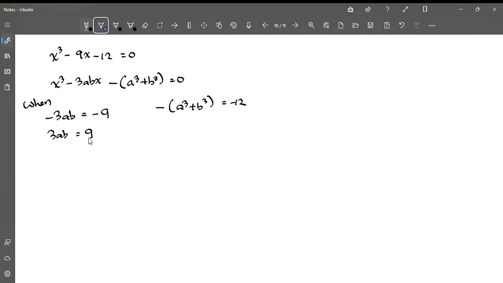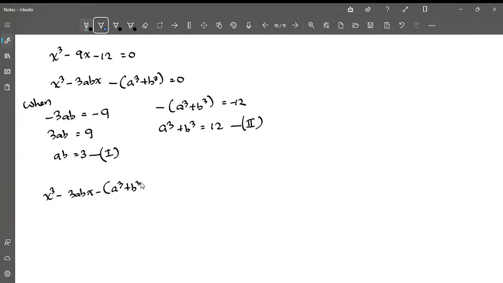3ab equals 9, so ab equals 3. a cubed plus b cubed equals 12. This is equation 1, this is equation 2. When this is the case, x cubed minus 3abx minus a cubed plus b cubed corresponds with x cubed minus 9x minus 12 equals 0.